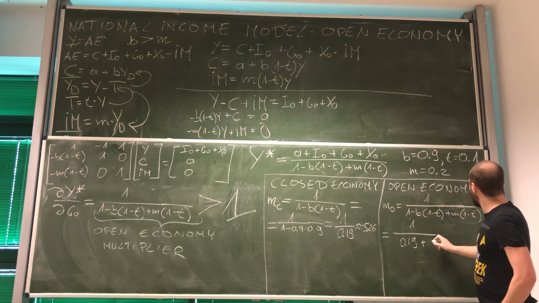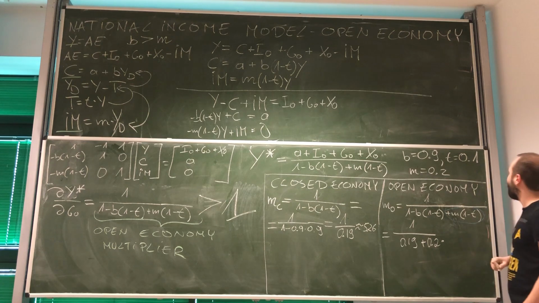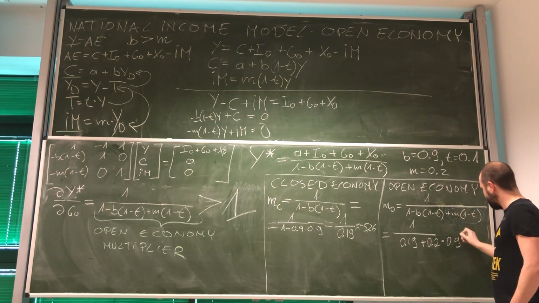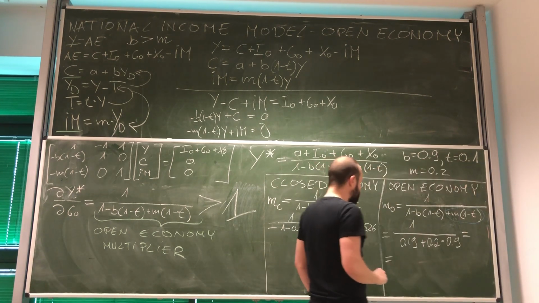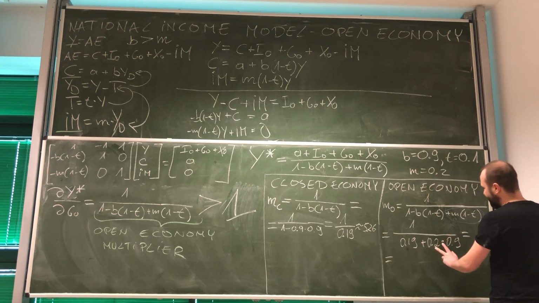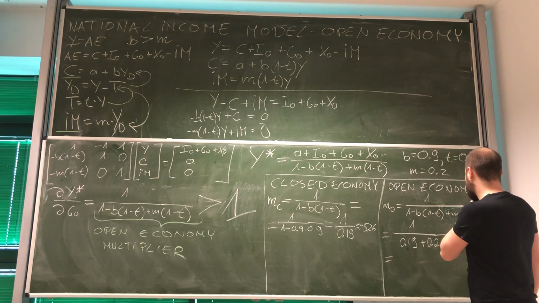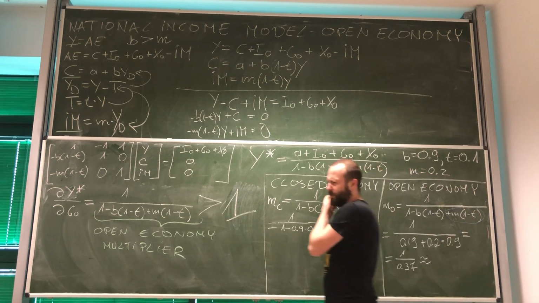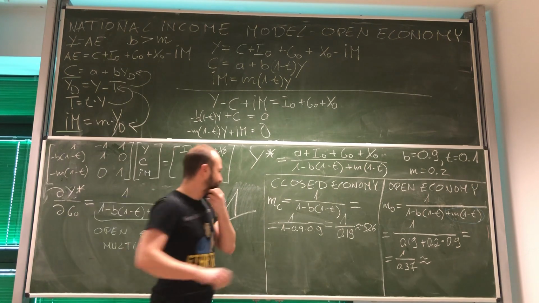We've got 0.2 multiplied by 0.9, which gives us the value of the multiplier: 0.19 plus 0.18 is 1 over 0.37, which is approximately, let's write it as 2.7.